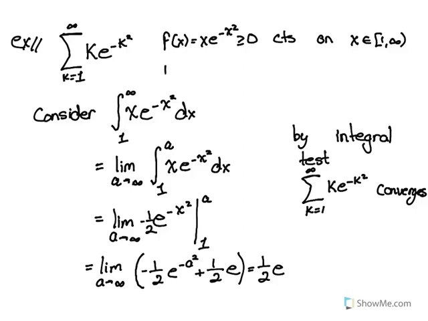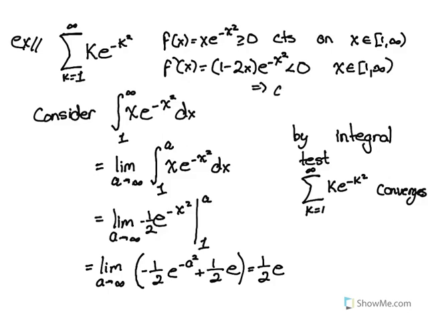If we apply the product rule, we get 1 minus 2x times e to the minus x squared. And note that if x is greater than 1, then 1 minus 2x is negative, and e to the minus x squared is always positive. Therefore, the derivative is less than 0 for x in 1 through infinity, and that implies it's decreasing.